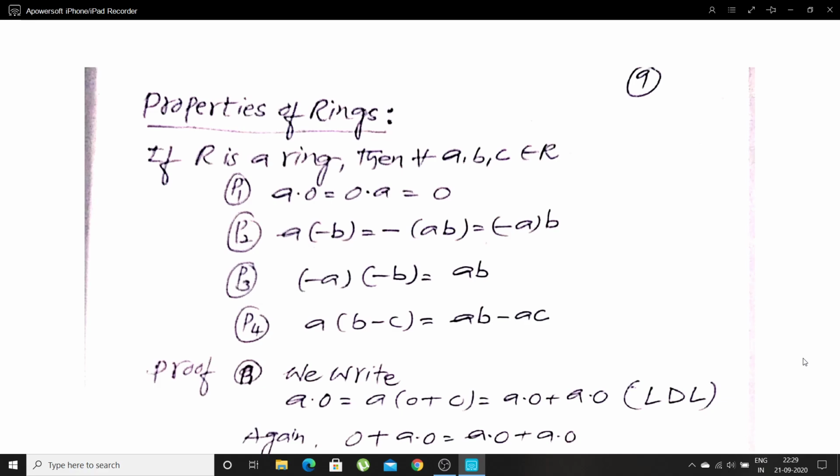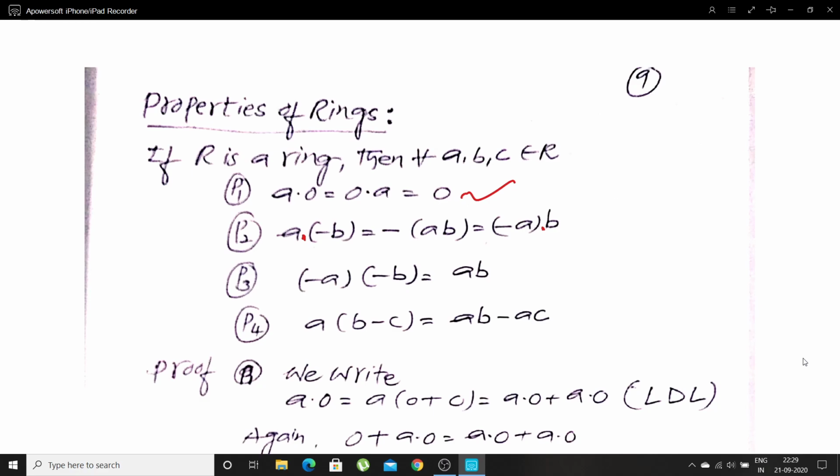First property is like this: a dot 0 is equal to 0 dot a equal to 0. Second property, a dot of minus b is equal to minus of ab is equal to minus a dot b.